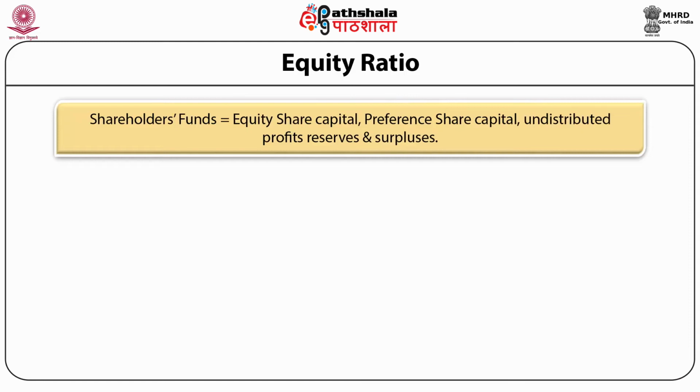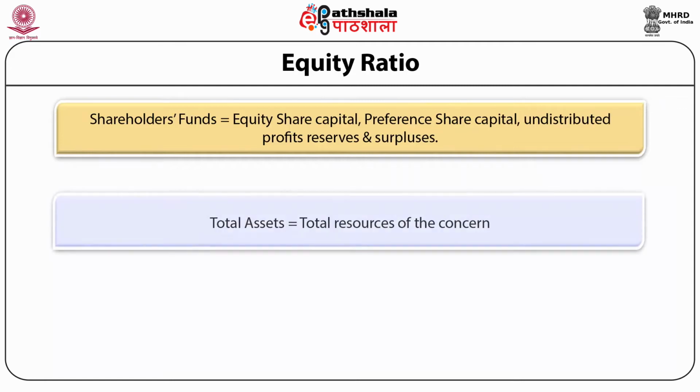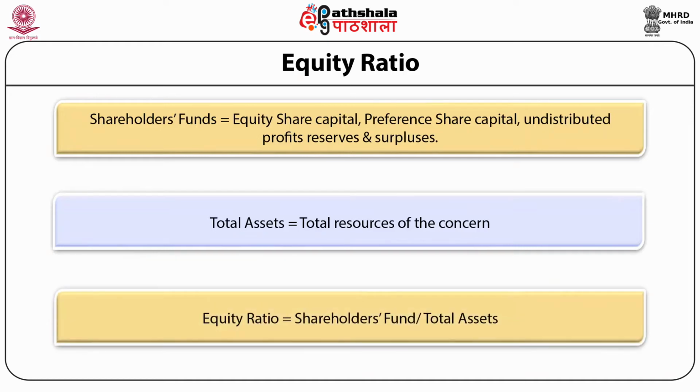Shareholders' fund includes equity share capital, preference share capital, undistributed profits, reserves, and surpluses. And total assets include total resources of the concern, that is, fixed assets and current assets. Equity ratio can be calculated by using the formula: shareholders' fund divided by total assets.